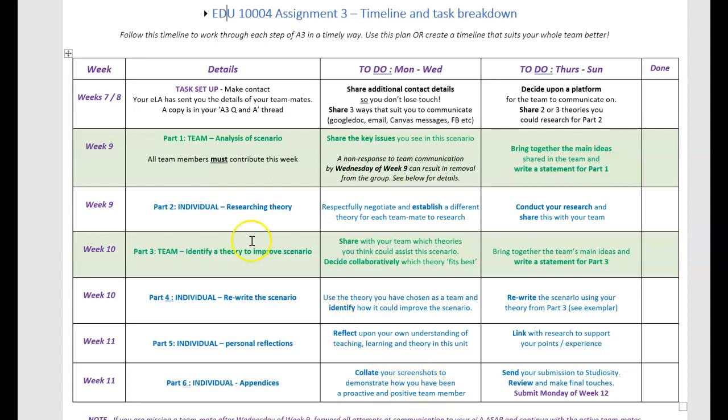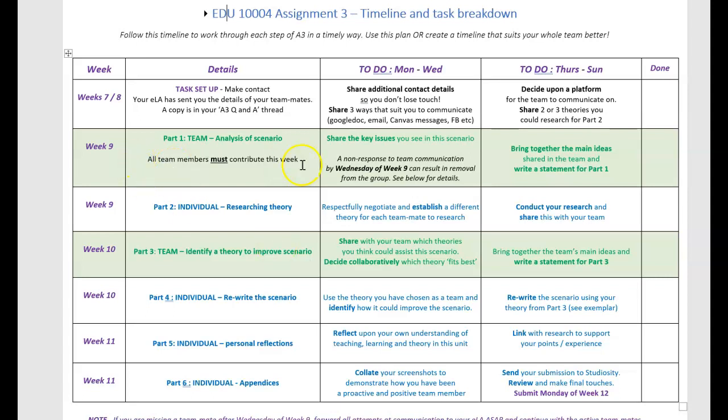So what I've done is, you can see that out of the 6 parts that we complete, only 2 of them you complete with your teammates. Most of this assignment is completed on your own. So only 2 of the 6 steps are completed with your teammates.